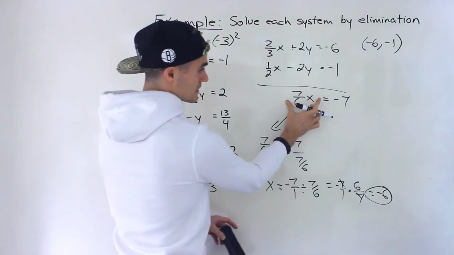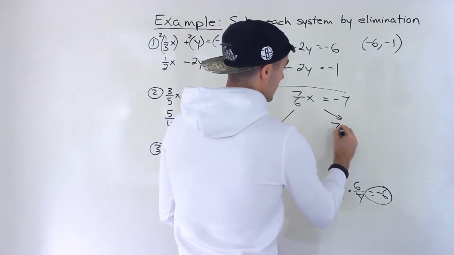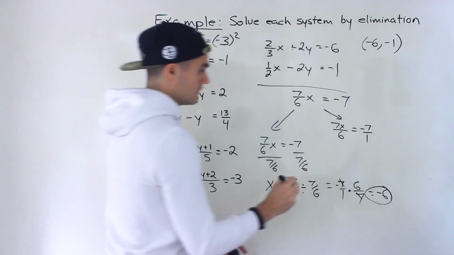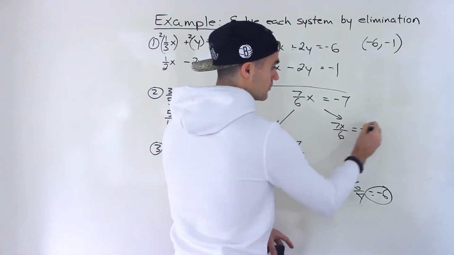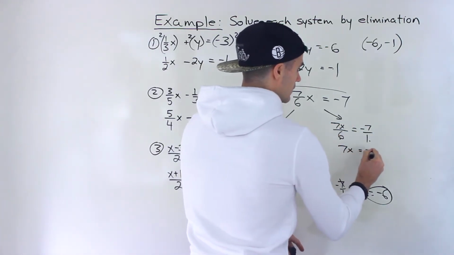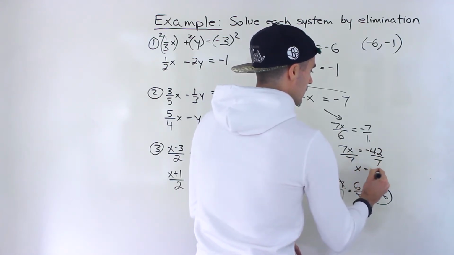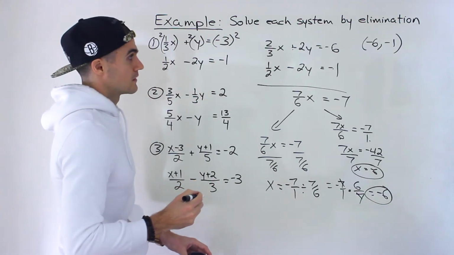Another way to do this is to combine these like I did before. So we could rewrite this as 7x over 6 is equal to negative 7. This would be like over 1. And so instead of doing this division of fractions here, you can just cross multiply. Right? So that's another way, if you feel more comfortable getting the value like that.